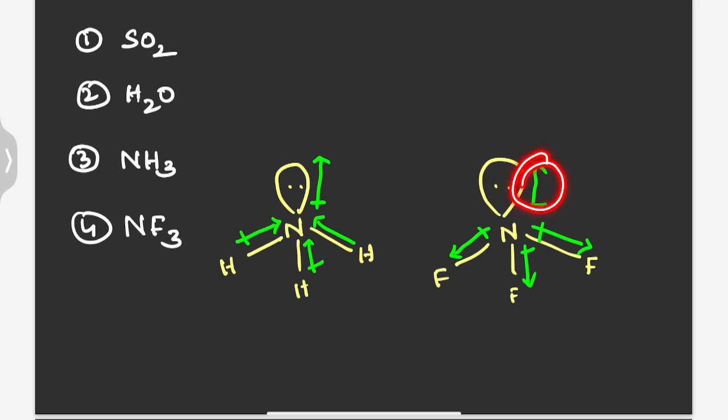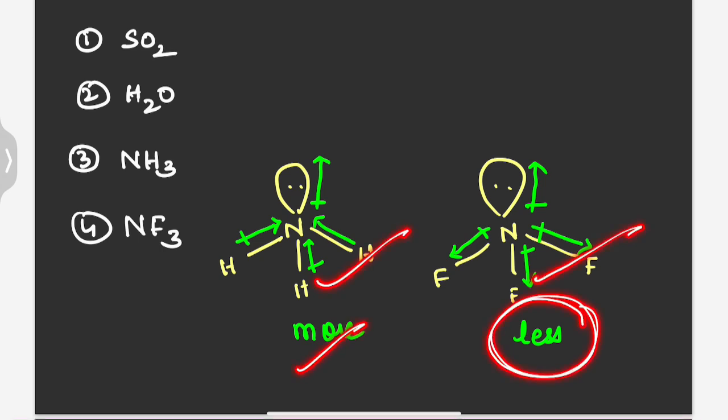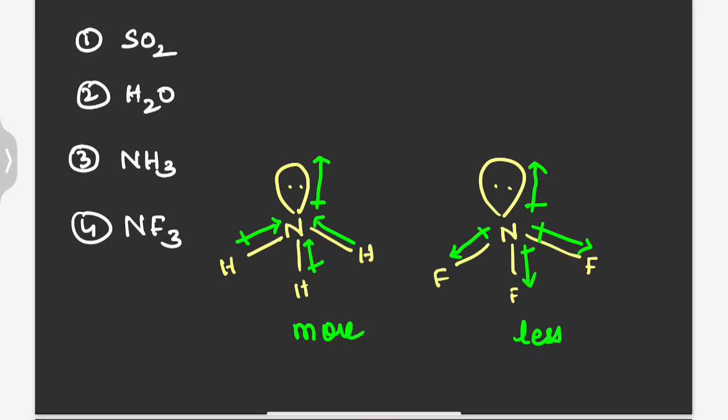Therefore some of the dipole moment will cancel. As a result, the dipole moment here is less when compared to here. Here it will be more because all the arrows are in one direction. Here it is cancelling because they are in opposite directions. So if you compare these two, here it will be less and here the dipole moment will be more.